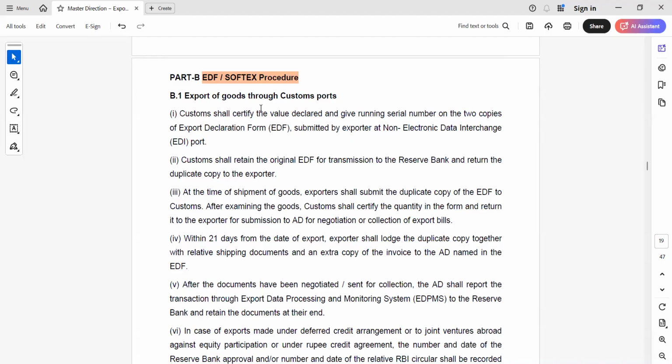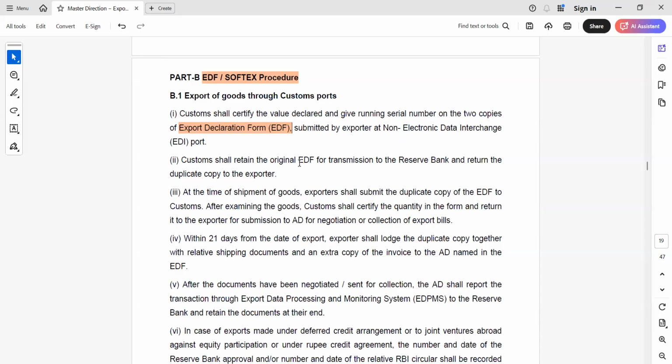Customs shall certify the value declared and give a running serial number on the two copies of the export declaration form. So whenever any person is doing the export, the customs person will certify the value declared and give the running number, meaning the shipping bill number, on the two copies of the EDF, export declaration form, submitted by the exporter at non-electronic data interchange (EDI) ports.